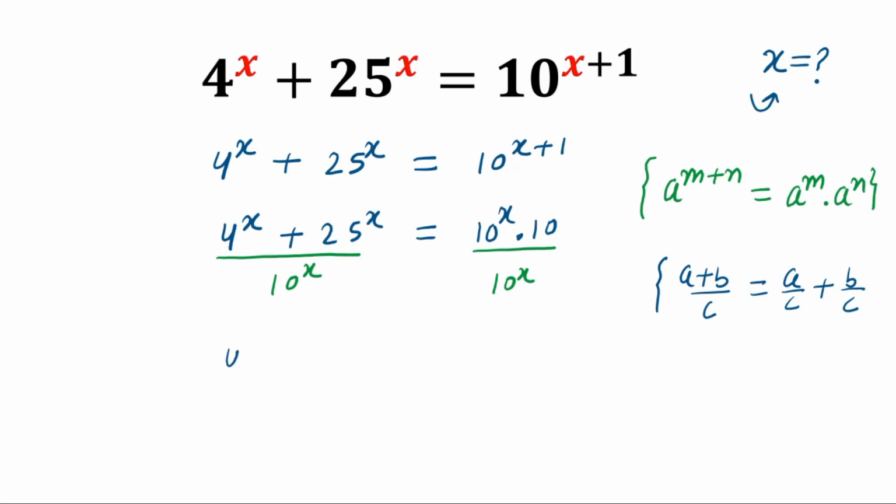Then the left hand side is 4 power x divided by 10 power x plus 25 power x divided by 10 power x, and this is equal to, this 10 power x and this 10 power x cancel out, in the right hand side we have 10. Here 4 power x divided by 10 power x plus 25 power x over 10 power x is equal to 10.